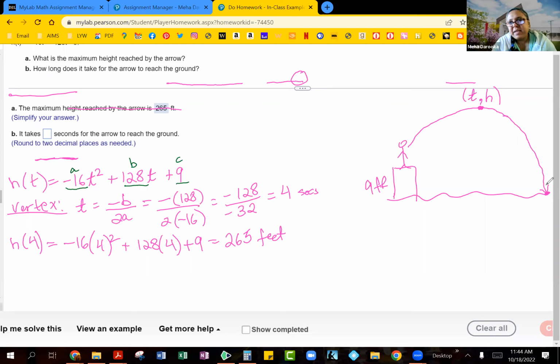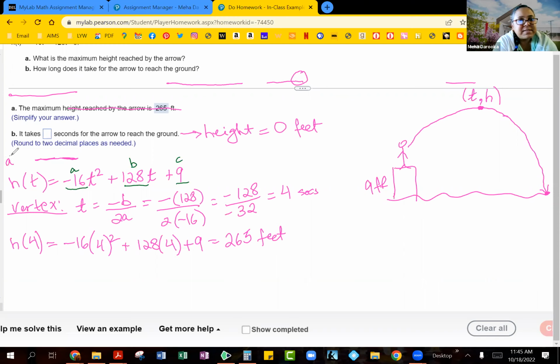What's the height of the arrow going to be when it reaches the ground? Very nice, Diego. Perfect. When your arrow reaches the ground, your height is going to be 0 feet, because that's ground level. That's what we need to do for part B.